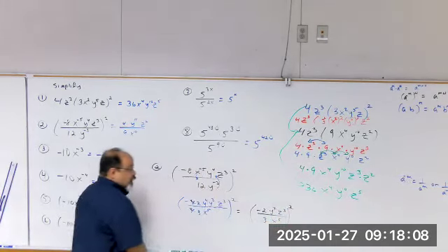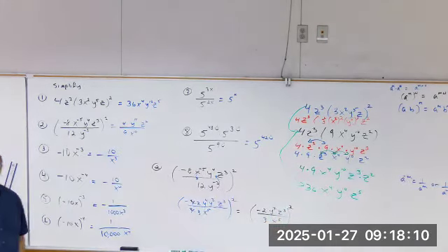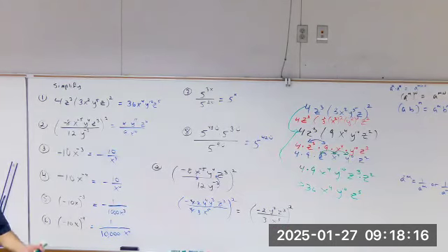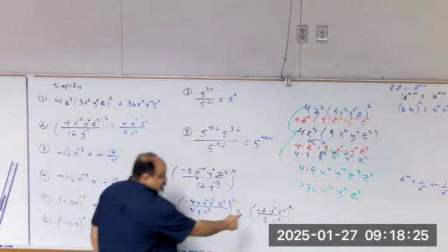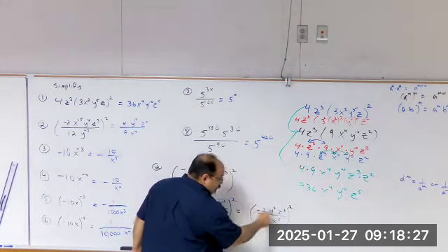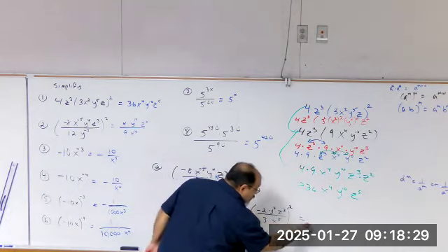So now you're just going to square everything inside. It's a negative in a parentheses and you're going to square it. So it comes out what? A sign, positive or negative? Positive. I have a negative in the parentheses, so a negative squared is going to equal a positive.